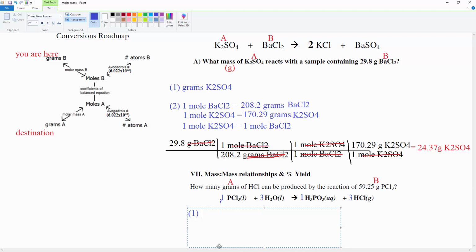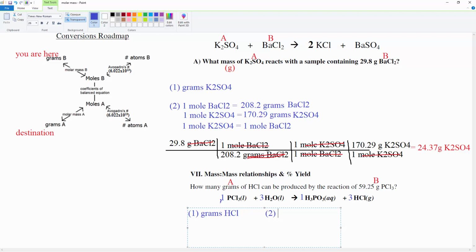Okay, so what are we looking for here? Grams of HCl. Good. And what are we given here? Let's see.